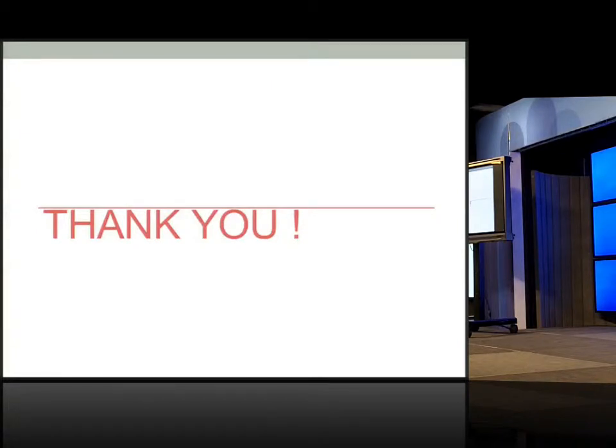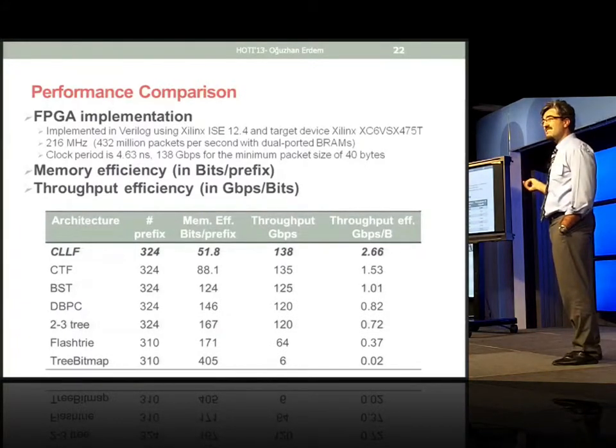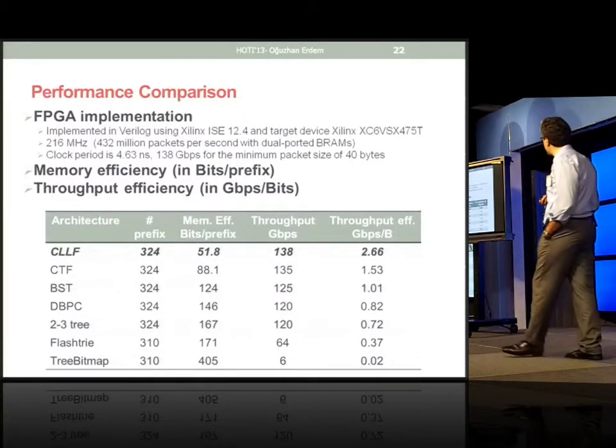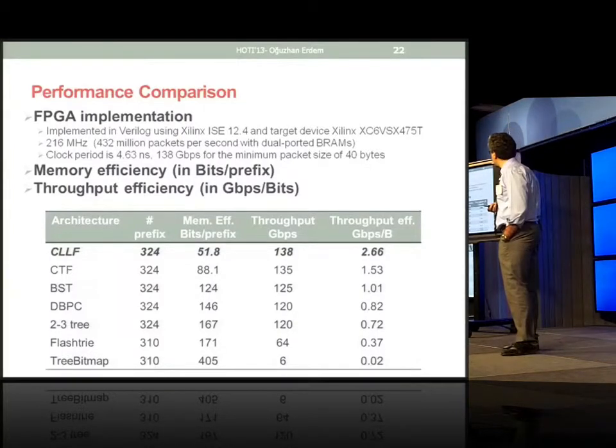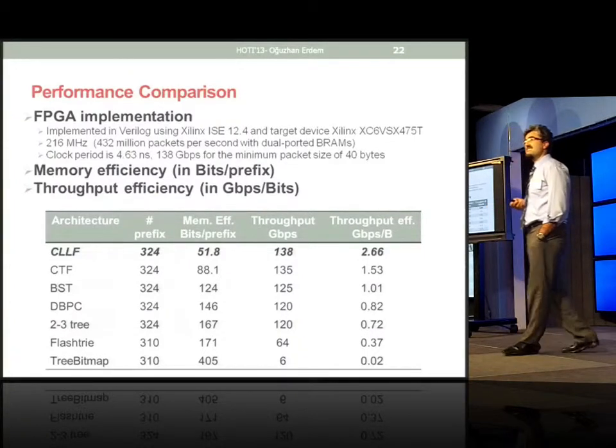So the performance table on your previous slide, where it was talking about the total number of bits that were required, were those for /32 or /128? There's a column that says memory efficiency, bits per prefix. What kind of prefix? IPv6.